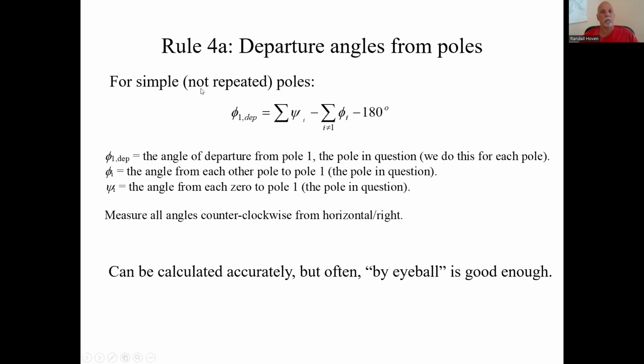Well, for simple poles, meaning not repeated poles, let's say we pick pole 1, we do this 1 pole at a time. It's the sum of the angles from the zeros to that pole minus the sum of the angles from the other poles to that pole minus 180 degrees.